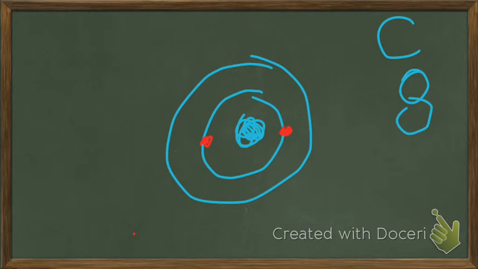It's not going to take on any more. The second orbital can hold 8, but we only have 4. This is what makes carbon unique, because now it has 4 empty slots that it wants to fill up with some electrons. So it wants to put some more electrons in here. This is what allows it to bond with other carbon atoms, and oxygen atoms to make CO2, all these things.